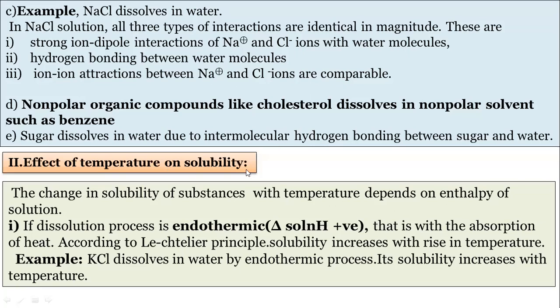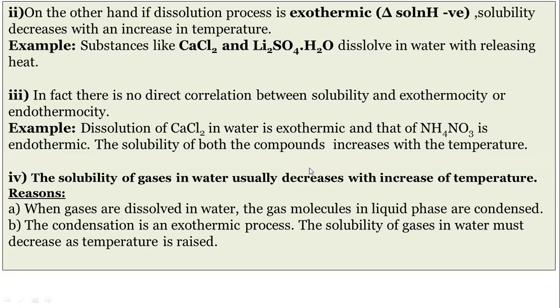Then the effect of temperature on solubility. Actually, there is no direct correlation between solubility and exothermicity or endothermicity. For some solutes solubility increases, and for some solutes solubility decreases when the temperature is increased. So there is no direct correlation between temperature and solubility.